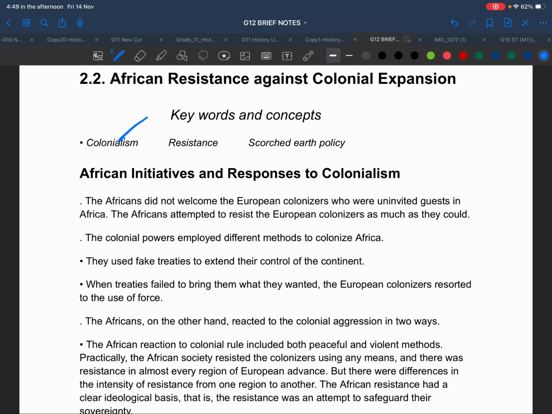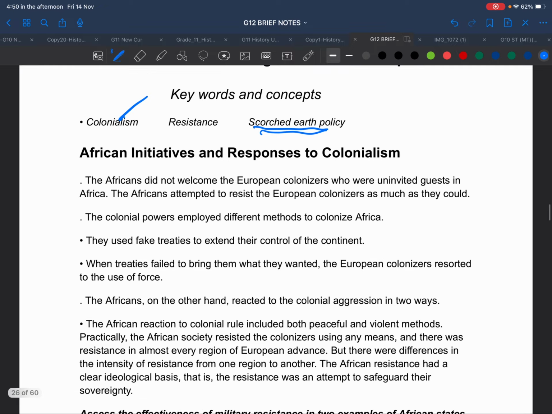This policy meant devastating enemy land and property, using a strong military force, devastating African villages until they could control African territories and make them their colonies.